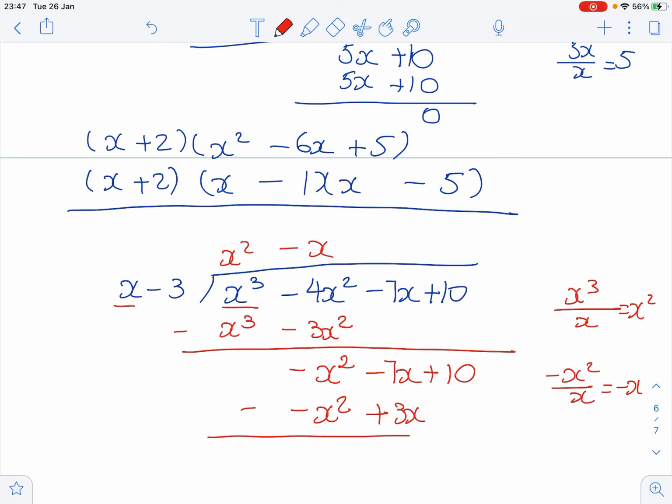Again, we're going to subtract. This gives us minus x squared minus minus x squared is 0. So minus 7x minus 3x is minus 10x plus 10.